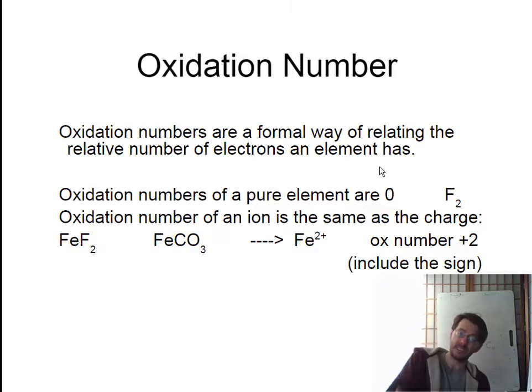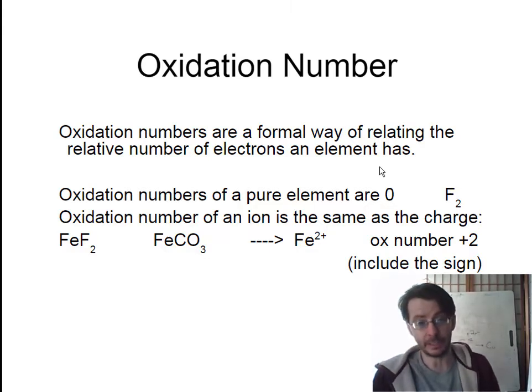A lot of this is related to electronic structure, right? But we're not going to necessarily rely heavily on the electronic structure arguments. Oftentimes we're going to infer what the charges or the electron counts are from other bits of information. But here's the thing. We have already been doing this.